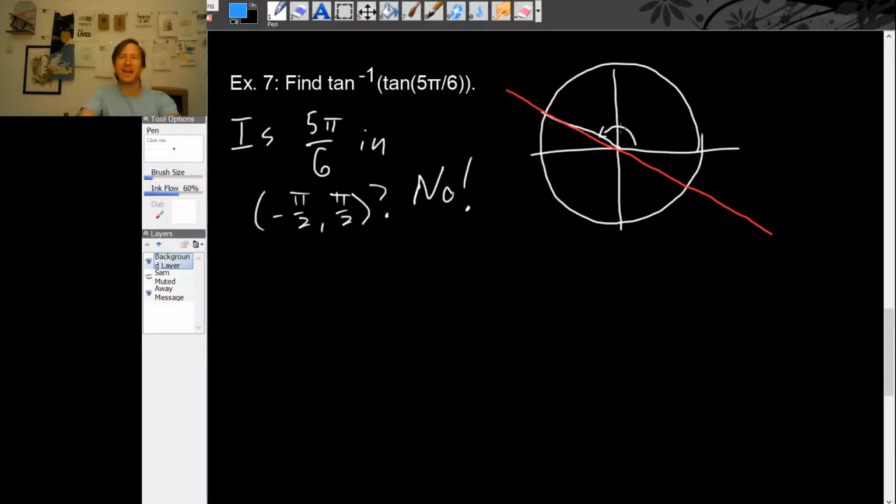Now we need an angle between minus pi over 2 and pi over 2 that produces something on this line. Well, you can see we aren't going to produce an angle that gets to the left-hand side of this line, because we have to stick to the right-hand semicircle, because the restricted domain of tangent is from minus pi over 2 to pi over 2. So we are going to go to the right-hand part of this line, and it gives us this little negative angle right here.